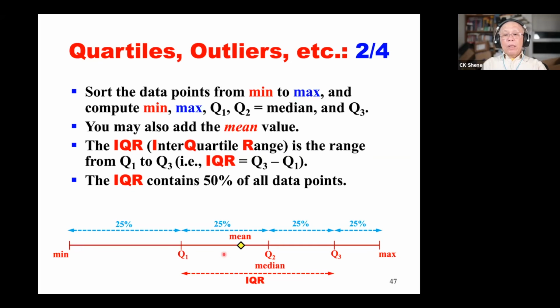No, this is value based. Q1, Q2, Q3 are the data values. So here Q2 is the median, Q1 is the median of these data, Q3 is the median of these data. Usually we also put the mean value there. The mean value could be equal to Q2 or not equal to Q2. So the interquartile range is defined to be the distance between Q1 and Q3. That is IQR, interquartile range.